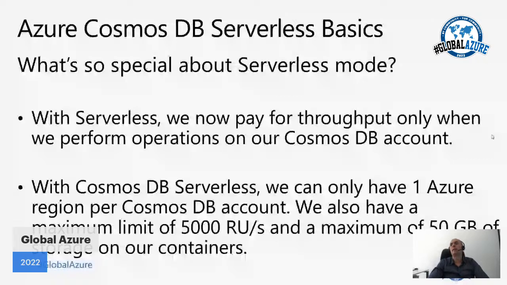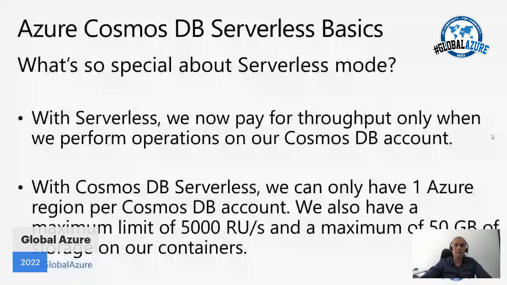And also, when you have this flexible throughput, you have a limit for containers. It is not possible to have more than 5,000 request units of throughput at the container level, and it is not possible to have more storage than 50 gigabytes in a specific container.